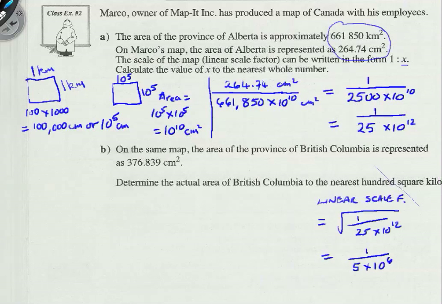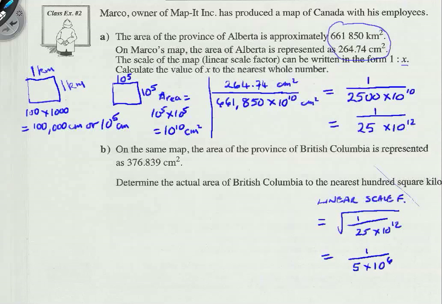If we multiply 100 times 1,000, we find there's 100,000 centimeters in 1 kilometer, or 10 to the 5 centimeters. So a kilometer is 10 to the 5 by 10 to the 5 centimeters. The area in square centimeters would be 10 to the 5 times 10 to the 5, giving 10 to the 10 square centimeters, which is equivalent to 1 square kilometer.